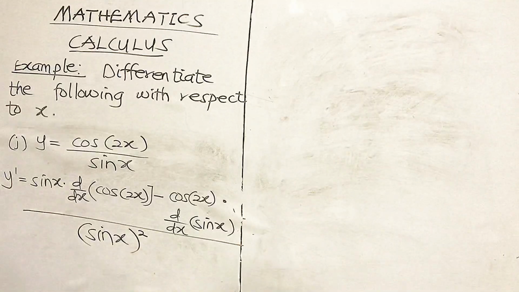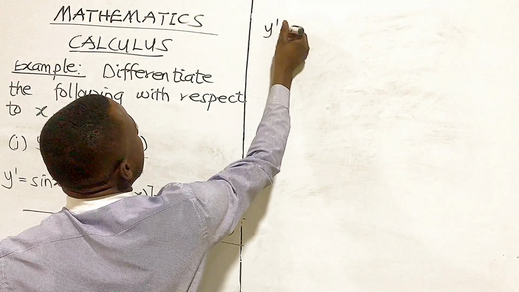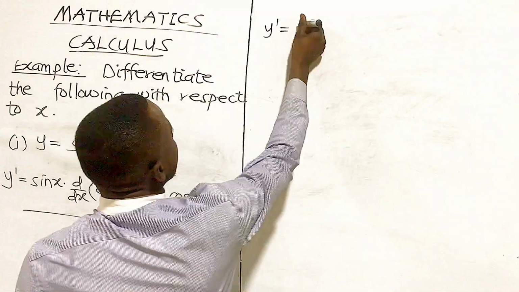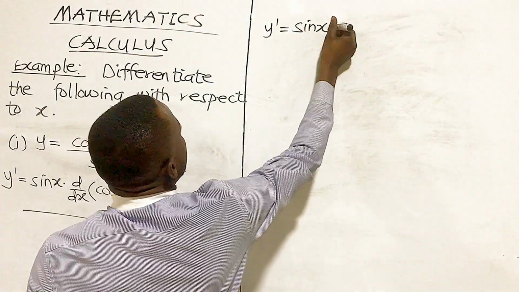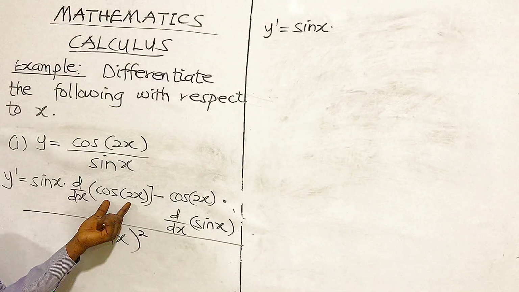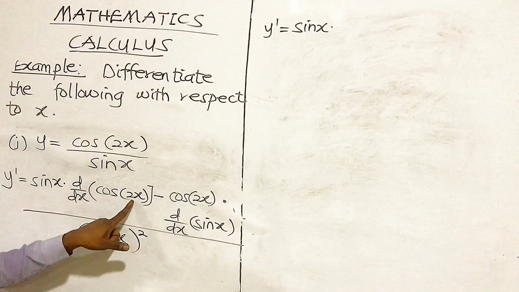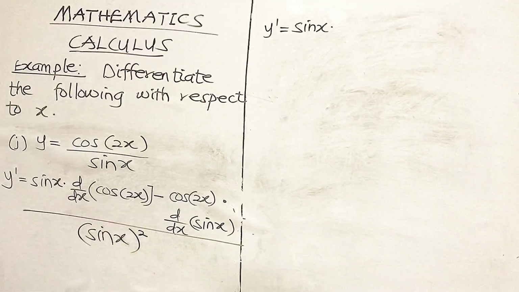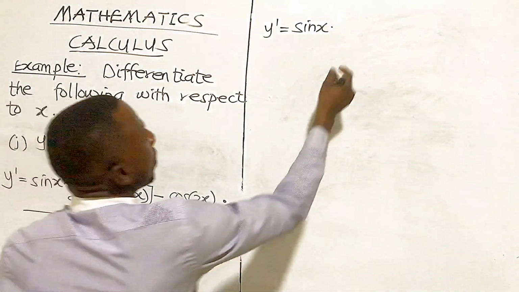So from here, I have y prime to be equal to sine x, multiplying, and when we differentiate cos 2x, we are going to first of all start from the bracket, which is 2x. And when we differentiate 2x, we have 2.